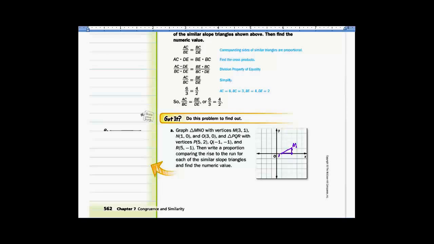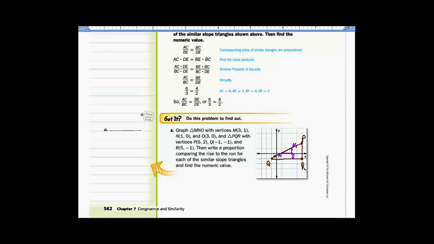That's M, N, O. All right. And the next one, P is 5, 2. Q is negative 1, negative 1. And R is 5, negative 1. So I've got that triangle right there.